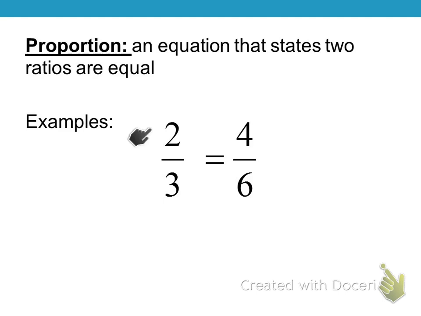Cross multiplying? Have you seen that? So yeah, if you multiply this number and this number, it will always equal what you get when you multiply these two. Yes, it's called cross multiplying. So we use that property of proportions to find the unknown values. Any questions so far?